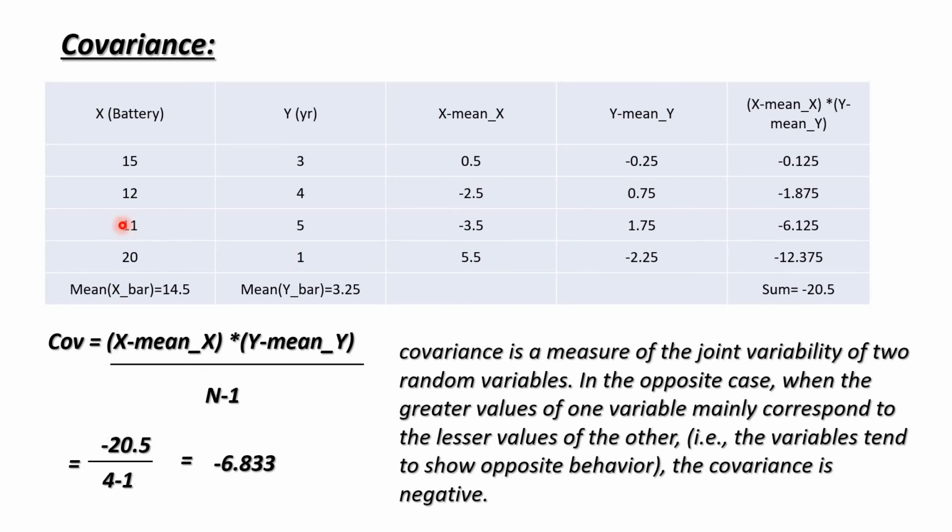If the battery life is minimum, that means that mobile you have been using for 5 years. Hope this will make sense, guys. If the battery life is maximum, the mobile is newly bought, and the minimum battery life means you have been using that mobile for 5 years, right?